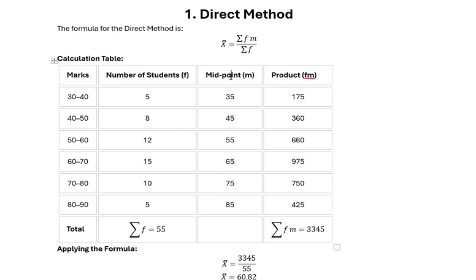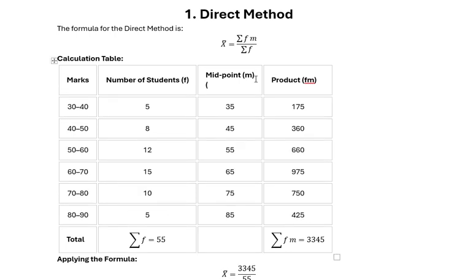Now mid value is the next term we have to find out. As I told, upper limit and lower limit we have to total. 30 plus 40 will become 70 divided by 2, so it will come as 35. How it is coming? It is coming as lower limit plus upper limit divided by 2, right?